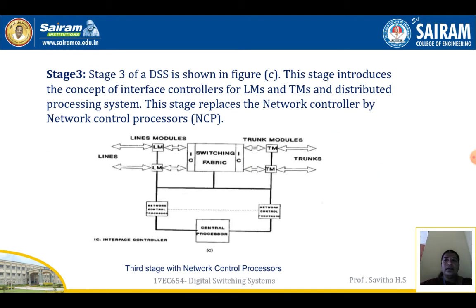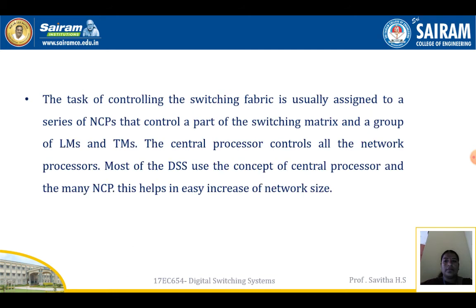Stage 3. Stage 3 of a DSS is as shown in figure C. This stage introduces the concept of interface controller for LMs and TMs, and distributed processing systems. This stage replaces the network controller by a network control processor.